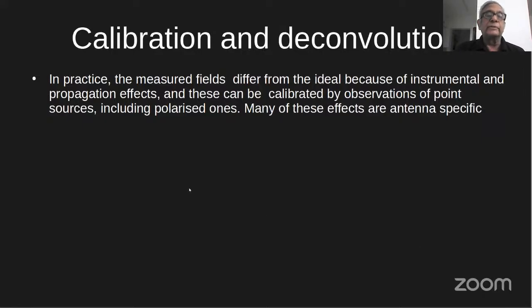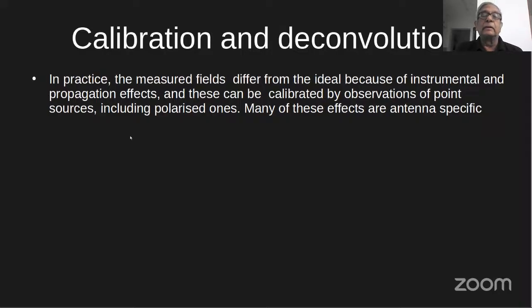So, of course, synthesis imaging goes on with various processes. Now, in the traditional approach, without using closure quantities or anything like that, one tries to calibrate the instrumental response. Okay. And by going to a calibrator, and if you're able to quickly go to the calibrator and come back before the calibration has changed, okay, it may even allow for propagation effects in the ionosphere and so on.